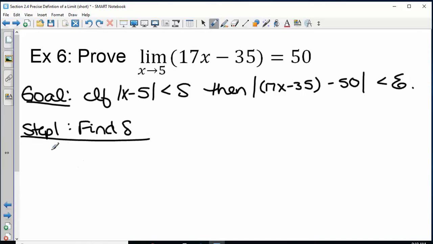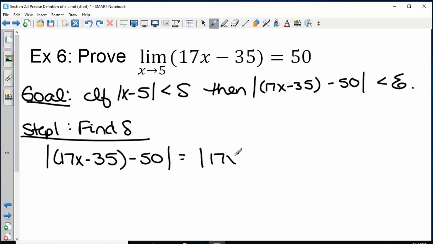So we find delta. Where do you begin there? Then what can I do? 17.